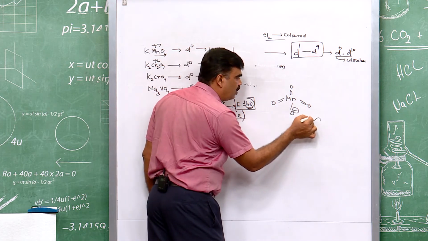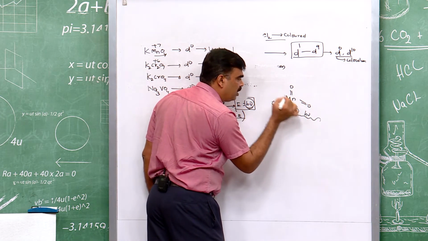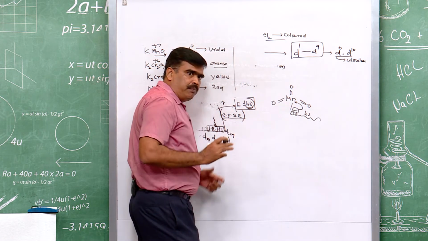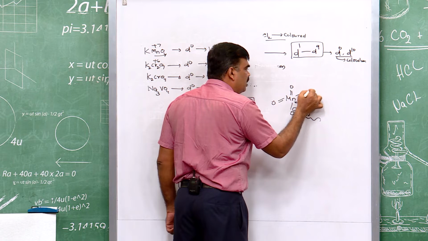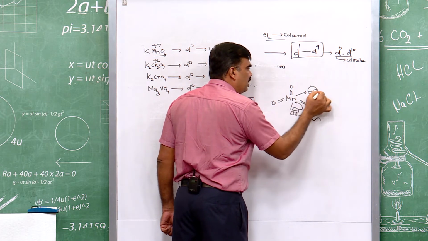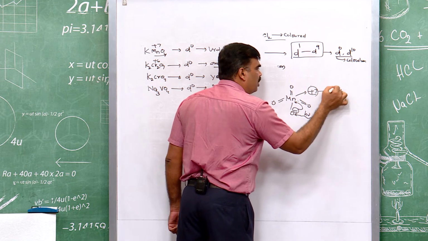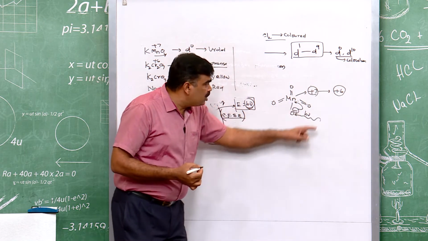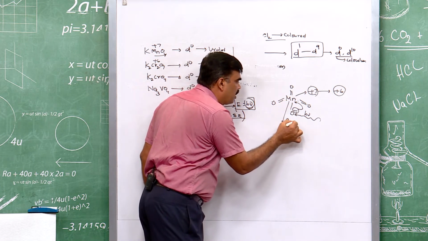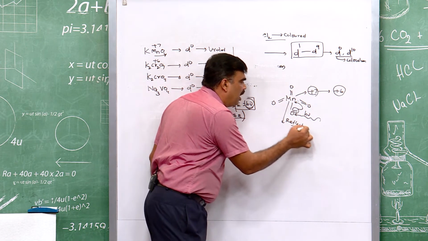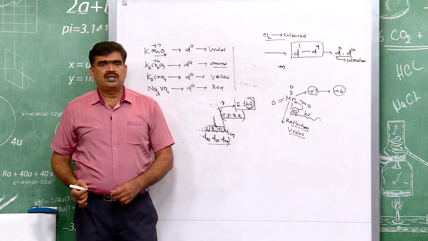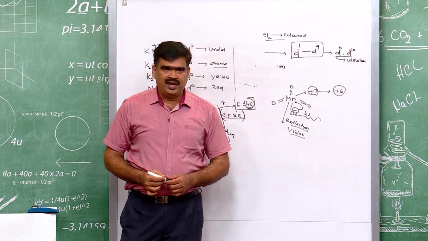When sunlight falls on this oxygen, this electron absorbs the radiation and is pushed into the d orbital of manganese. It has a +7 oxidation state, and on getting this electron it comes down to +6 oxidation state. When manganese returns that electron back, the emitted radiation gives you violet color. This is called the charge transfer phenomenon.